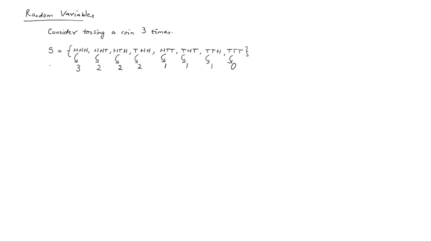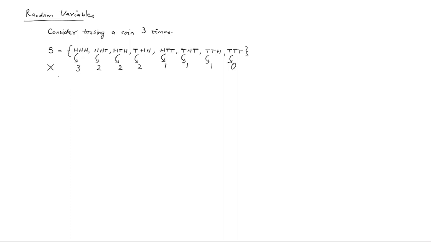Let me call these assigned numbers X. So what we've done here is mapped each outcome of the random experiment to a number, and let's call this number X.